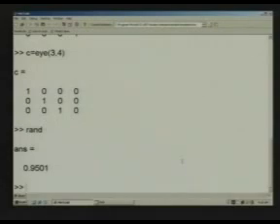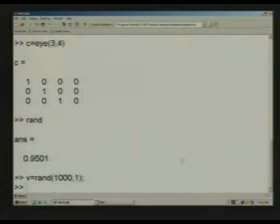As I said earlier, ans is a variable which is inbuilt to the system. If I want to find a random vector, let us say v, with dimension 1000, I have this random vector v.